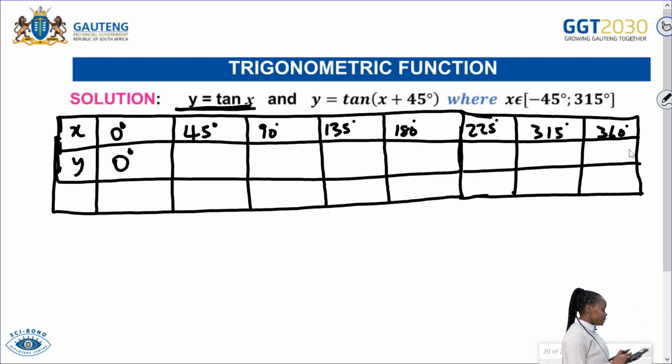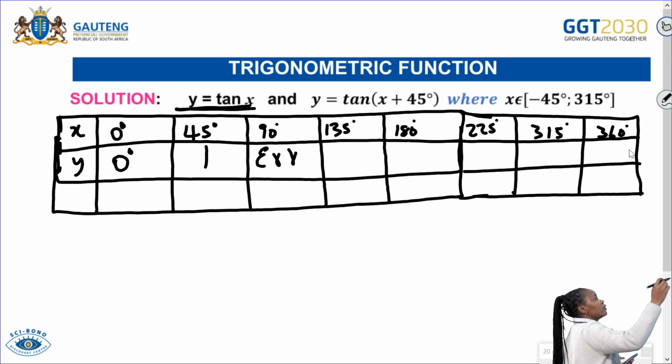At 0 degrees it is 0, and then at 45, it is going to be 1. And then at 90, it is going to be undefined. Oh, I forgot to put 270. So 270 is supposed to be somewhere here, and again you'll have your undefined there.